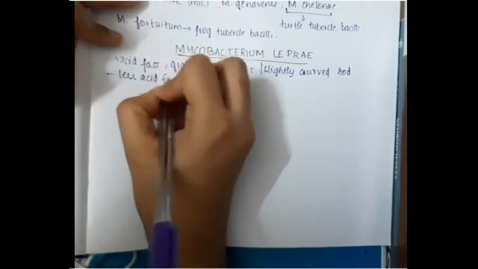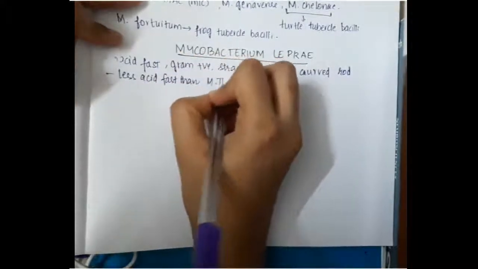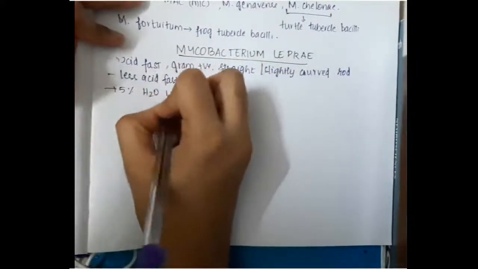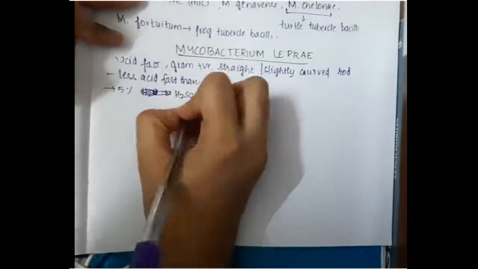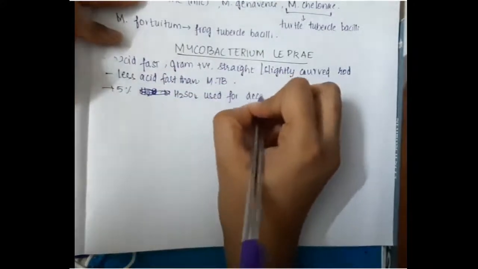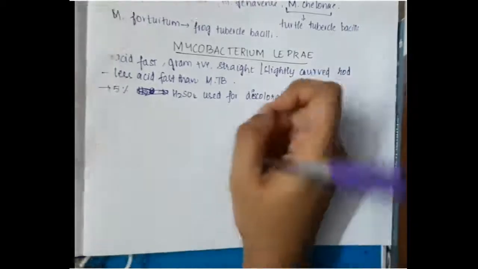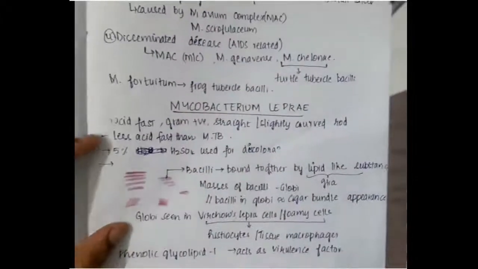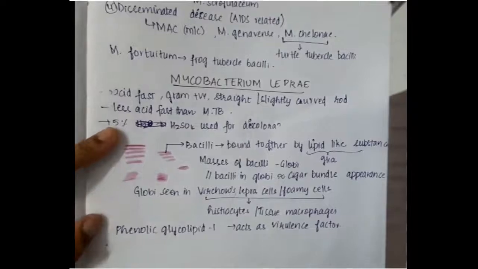It is less acid fast when compared to Mycobacterium tuberculosis, and only 5% H2SO4 is used for decolorization of Mycobacterium leprae.